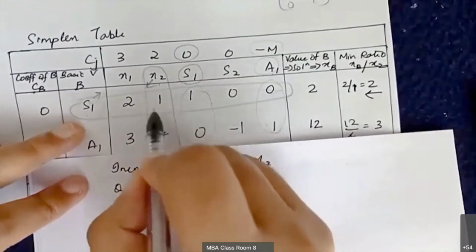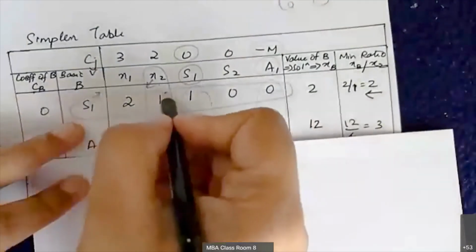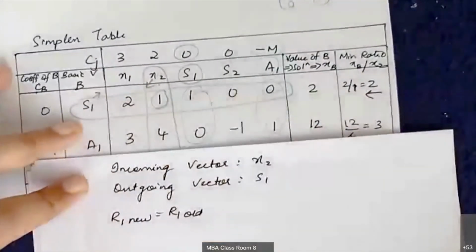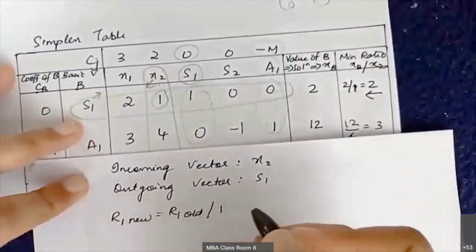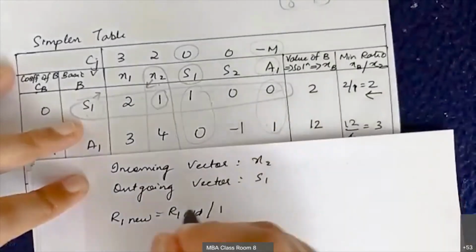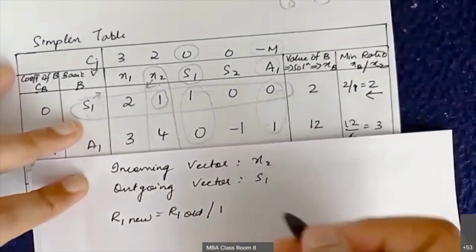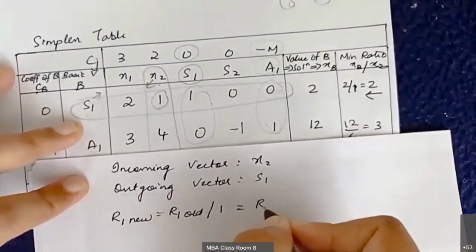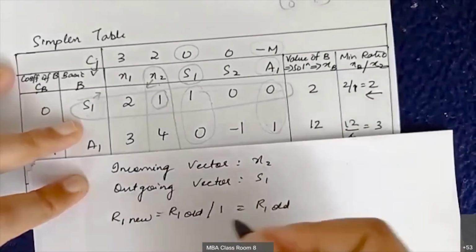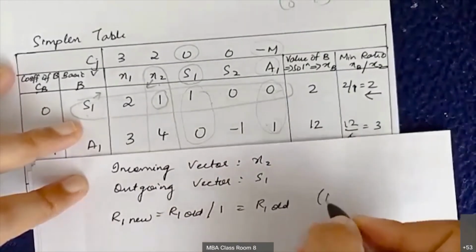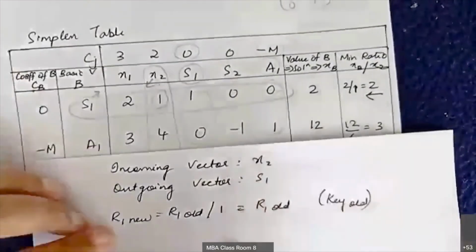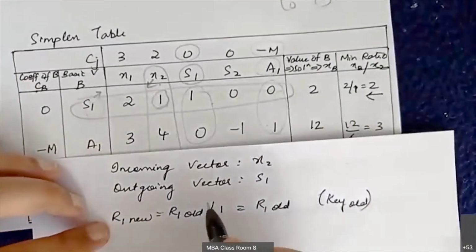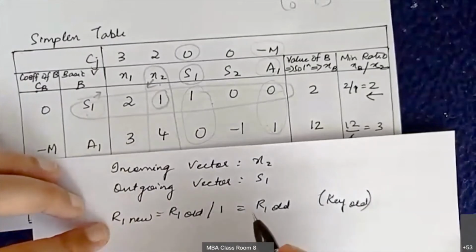In our case, 1 is the key element, so R1 old divided by 1. Will anything change? No, when you divide a number by 1, nothing changes. So R1 new is same as R1 old, also called key old. There is no change in effect.